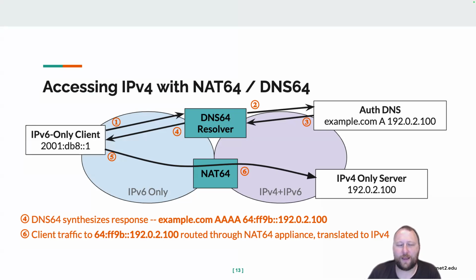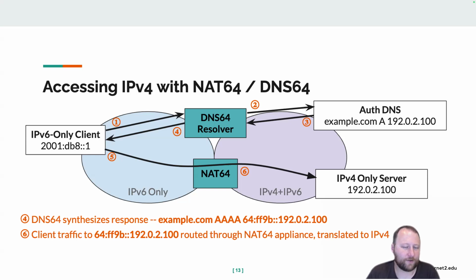But more or less, you have an IPv6 only client, and you have a DNS resolver that is aware that this client network is IPv6 only, and when a query comes in for domains, let's say example.com, that only has an A record, that DNS64 resolver, or that DNS server, is going to synthesize a quad A record.